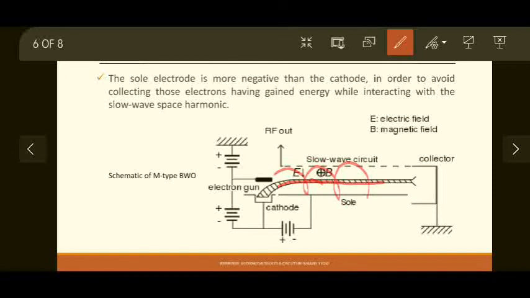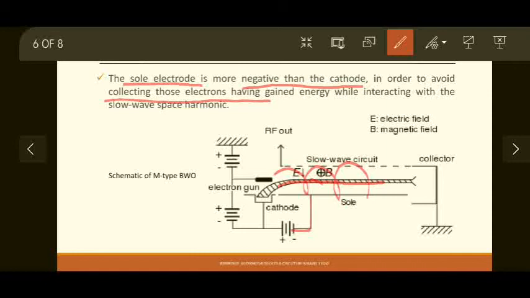Okay, so for achieving our desired results, the electrode we are attaching to the cathode is made more negative than the cathode in order to avoid collecting those electrons which have gained energy while interacting with the slow wave space harmonics.